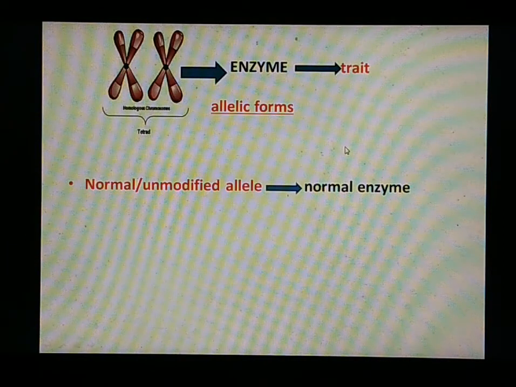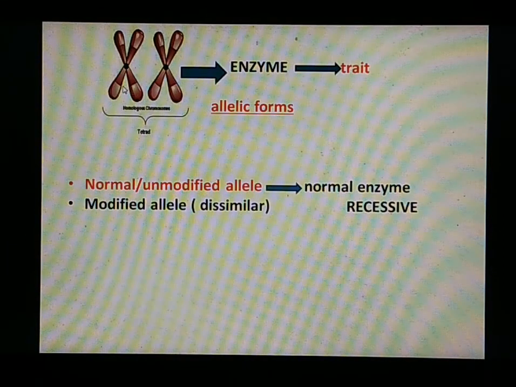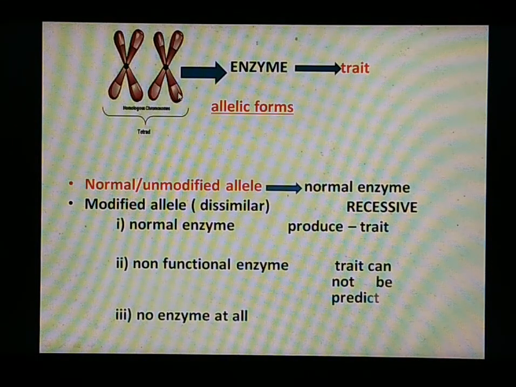But suppose the same allele is modified due to mutation, so there will be some changes in one of the alleles. This allele can have three effects on that individual. It may produce a normal enzyme, like the unmodified allele, so it will produce the normal trait.